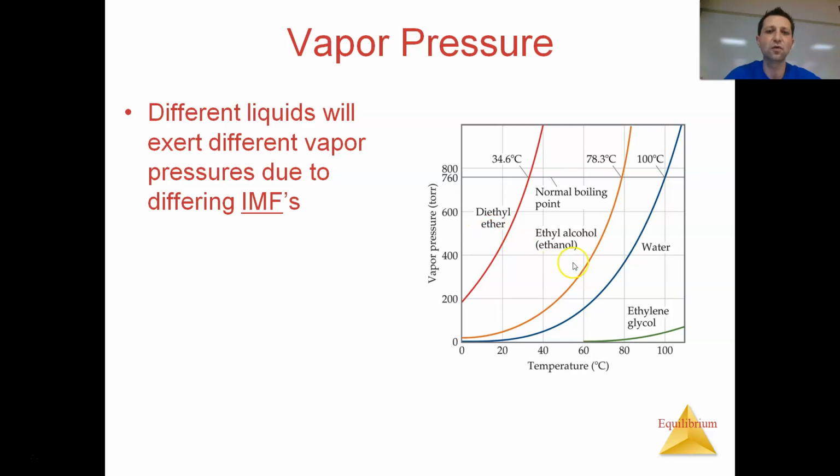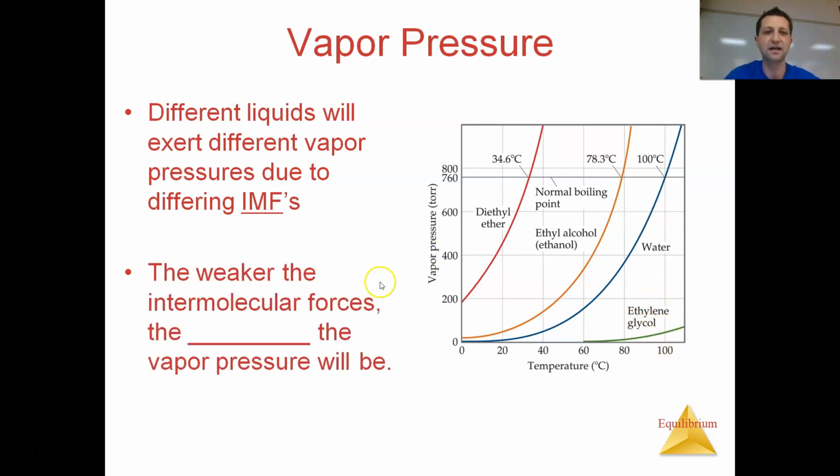It's more nonpolar. We have ethanol, which has two carbons and then an OH group at the end. Then we have water, which we're familiar with. So we have the three of those there, and actually ethylene glycol down here in green. I always miss that one. The weaker the intermolecular forces, which in this case would be diethyl ether, the higher the vapor pressure is going to be. So we'll review from our previous unit.